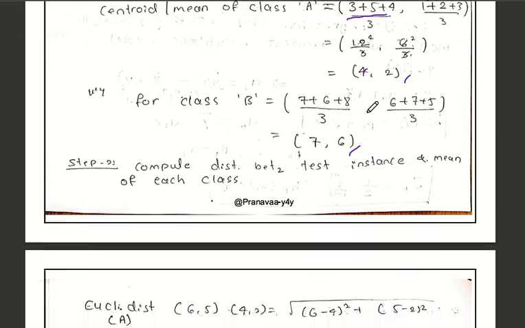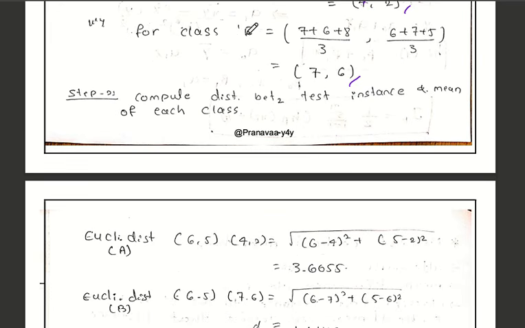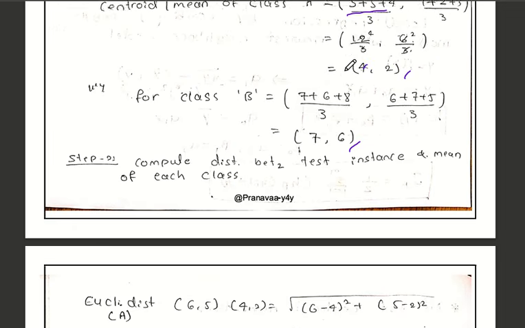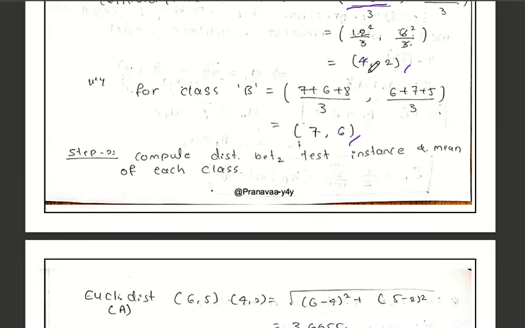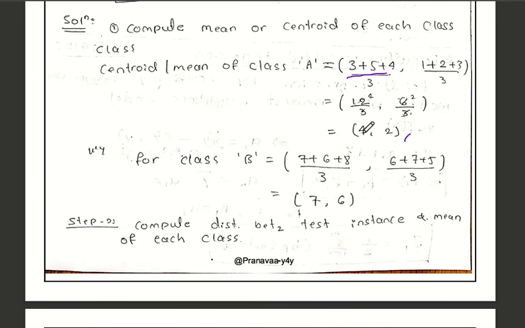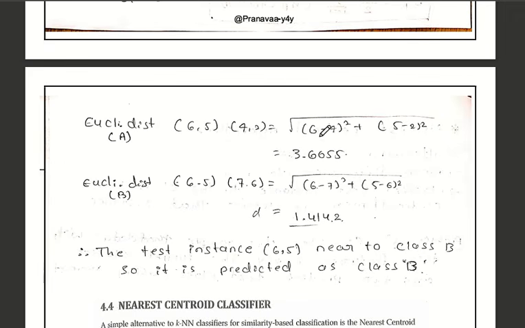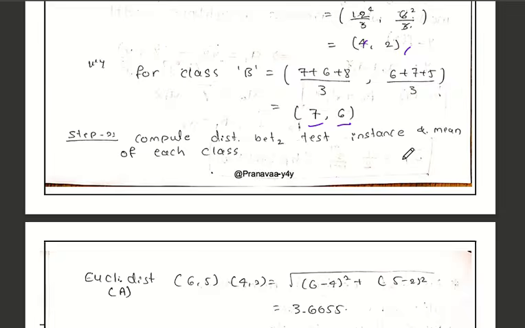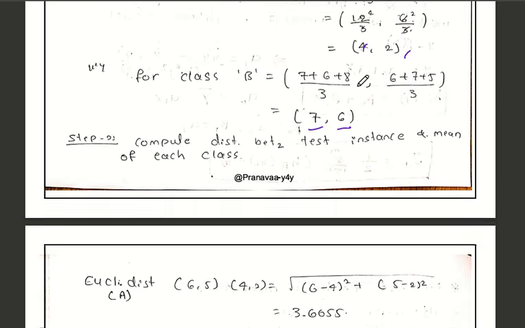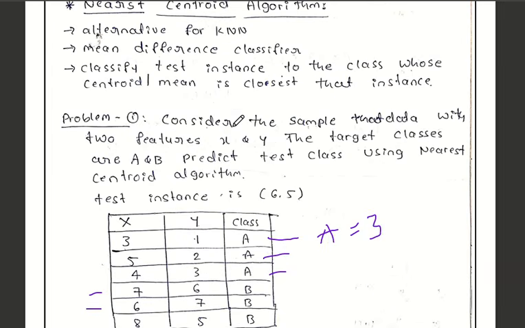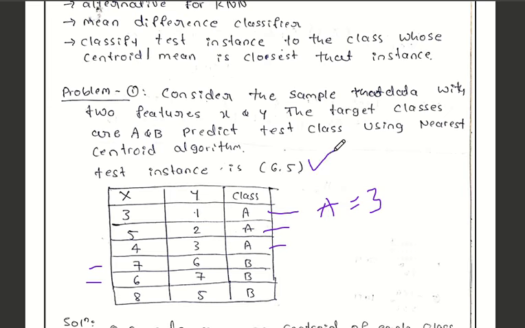So you need to find the distance for A and B. See, here this is x1, this is y1, this is x2, this is y2, and the Euclidean distance simplified is for the test instance they have given, 6 comma 5.